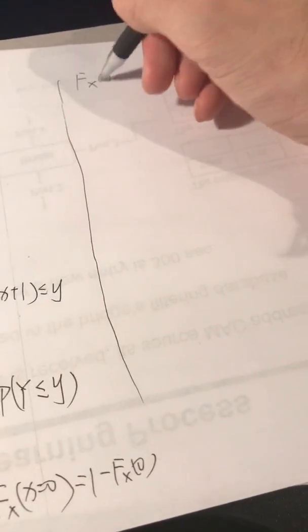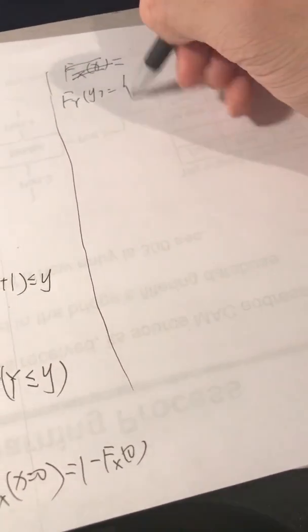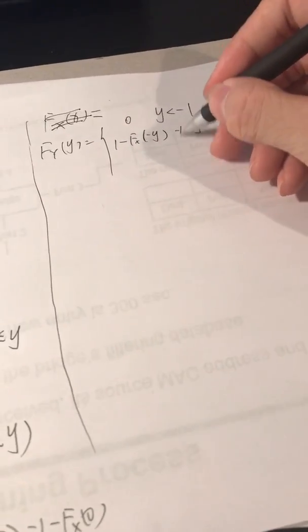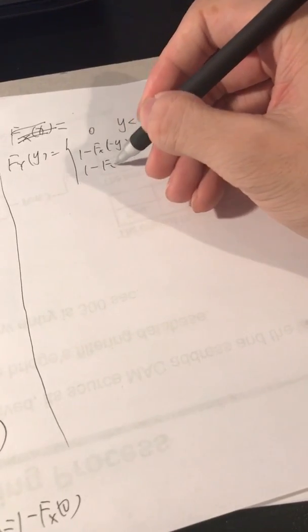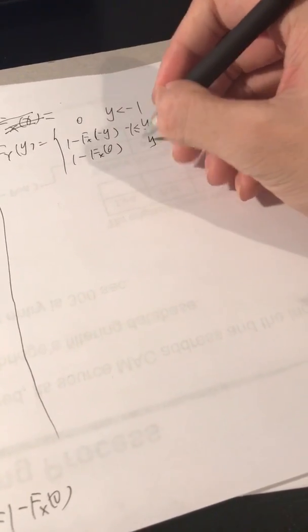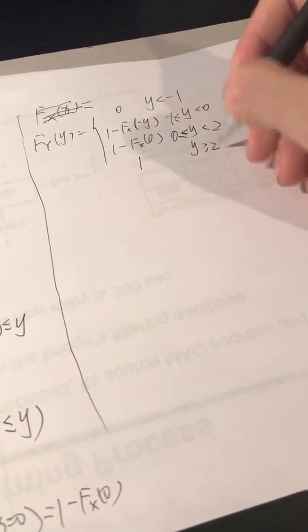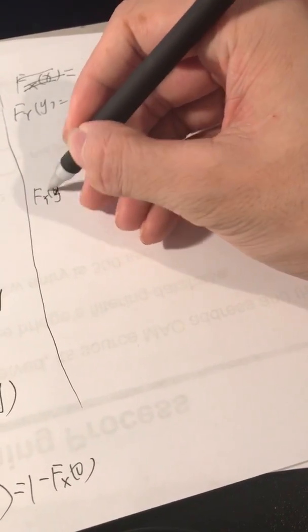And then we can get F_X(x), where F_Y(y) is equal to 0. And we can also write it in this way.